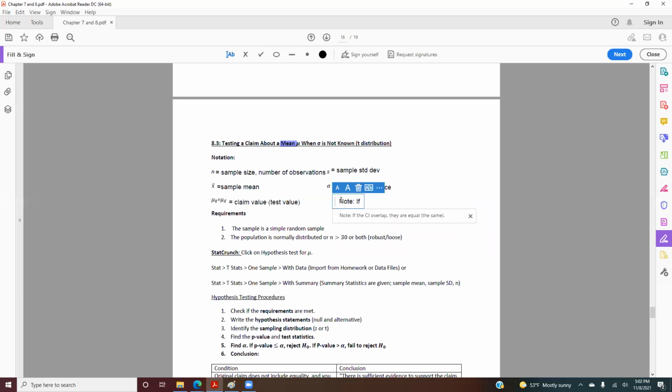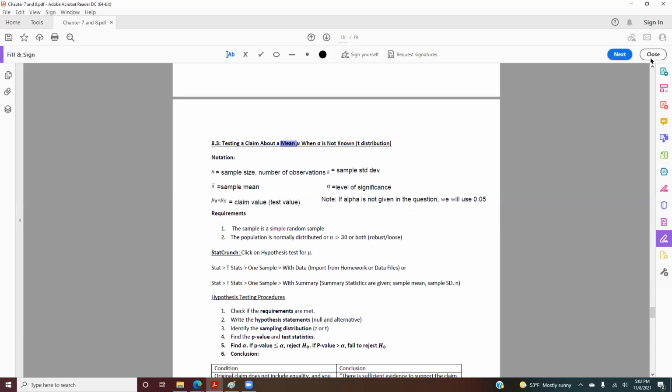If alpha is not given in the question, we will use 0.05. This is a note that you guys need to know. The same thing happens in 8.2. If alpha is not given to us in the questions, we will default to 5%.